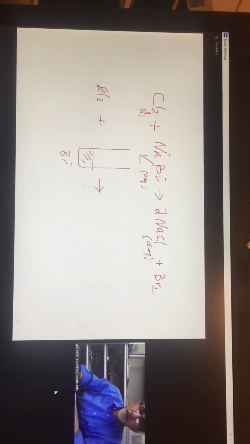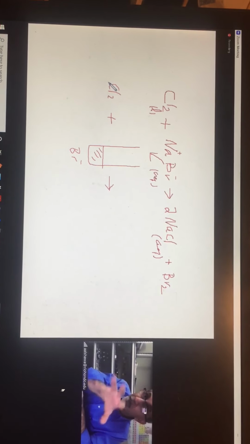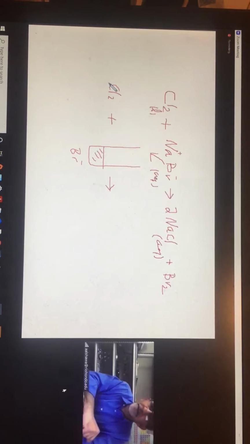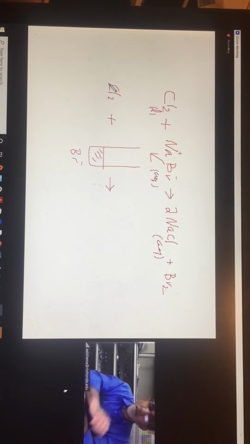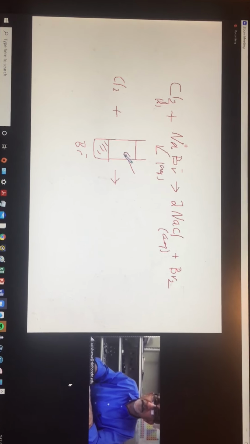So if the chlorine remains clustered as Cl2 and did not break, it means there's no reaction. Where is it going to be once you add the organic layer? So add a small amount of organic layer.